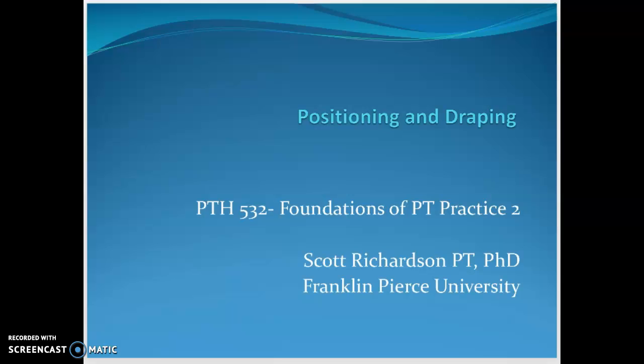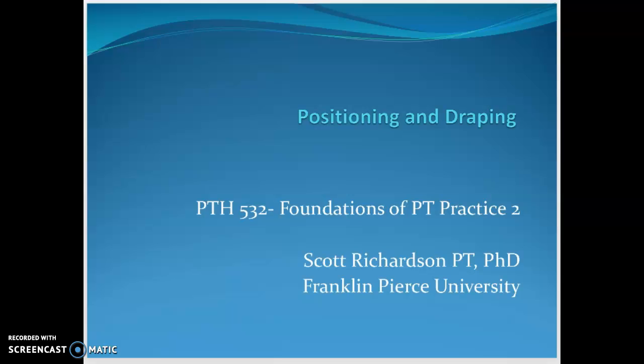And so in this first lecture today, we're going to talk about positioning and draping, the importance of protecting patients when they are unable to move themselves in bed or in a wheelchair. Their skin is at risk, their joints are at risk. And as we know, movement is so important on many, many levels.